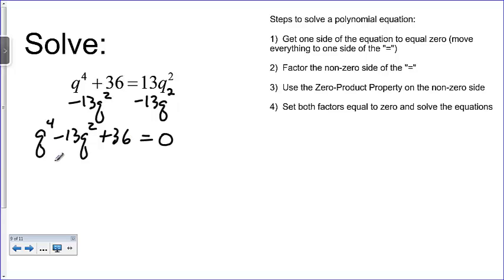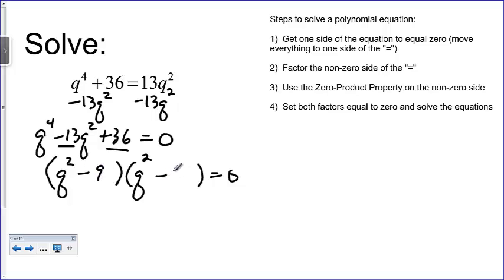Now because it's a quartic, when we factor the left-hand side, these will both be q squared. I'm looking for two numbers whose product is equal to 36 and their sum is equal to negative 13. Those numbers would be minus 9 and minus 4.